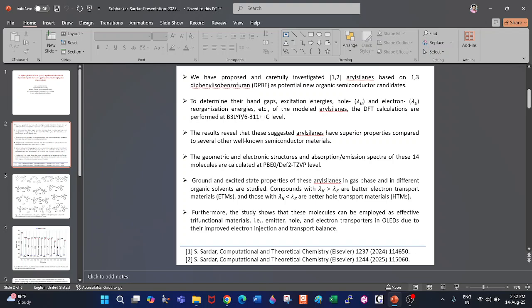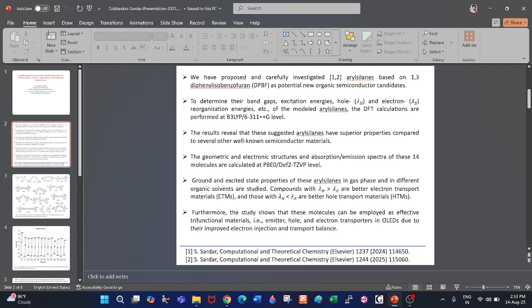So, first of all, what we have done: we have investigated some aryl silanes based on 1,3-diphenyl isobenzofuran as potential new organic semiconductor candidates to determine their band gaps and reorganization energies, both electron and hole reorganization energies of the aryl silanes, and the calculations are performed at the B3LYP/6-311G cluster level.